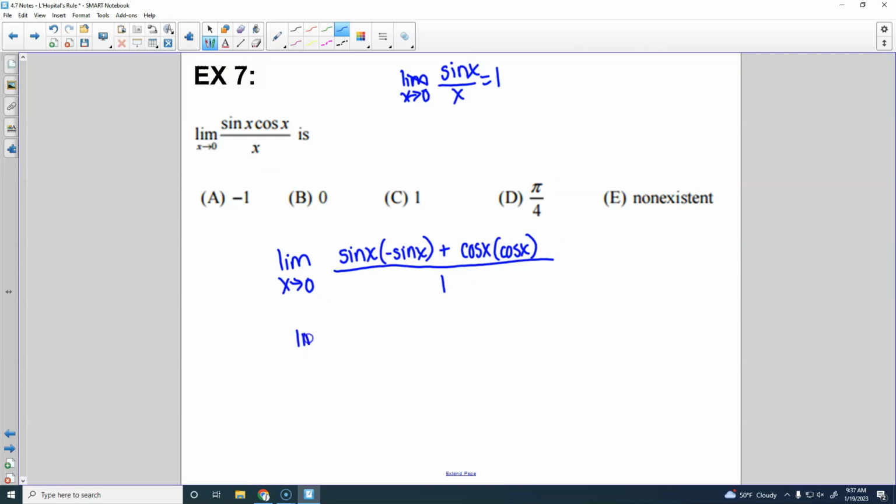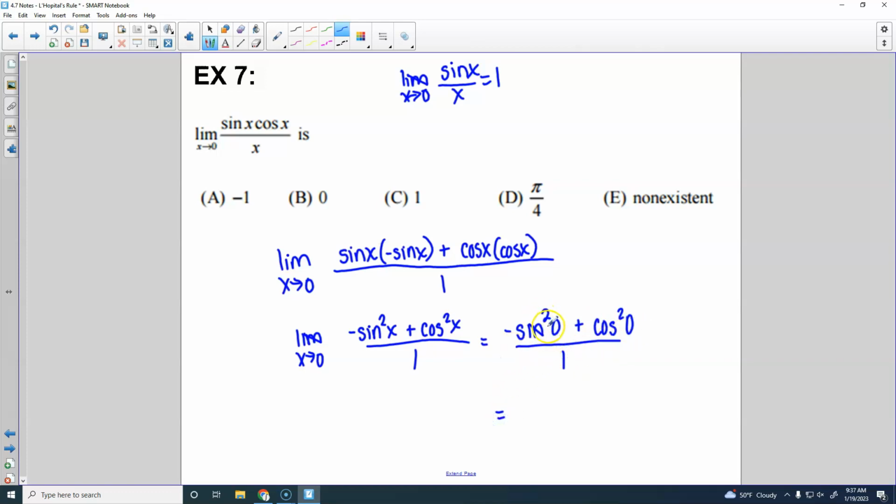And if I simplify this a little bit, I've got negative sine squared x plus cosine squared x over 1, but y'all can put that if you want to. So we're not going to get 0 over 0 this time. If we plug in, we're doing negative sine squared 0 plus cosine squared of 0 over 1.